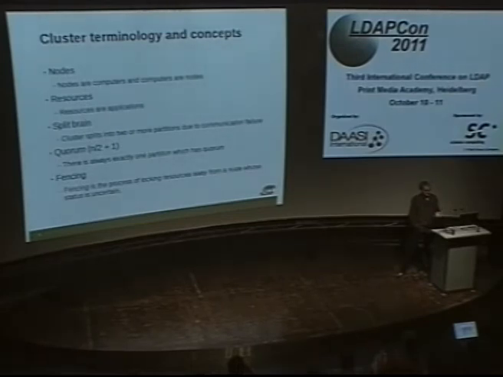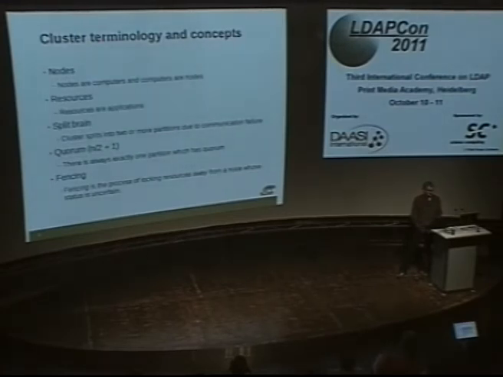Another one is node level fencing. Node level fencing is basically just connecting to a remote power switch and turning off all the failing nodes, hard, like powering them off, and then they can't do any harm anymore.